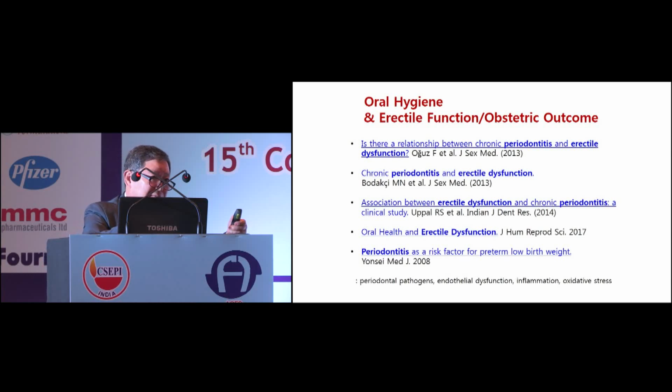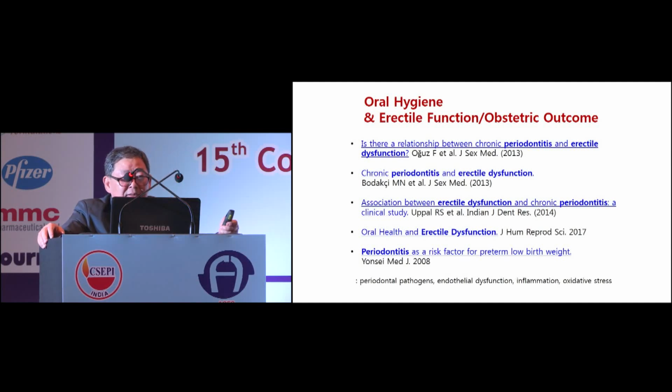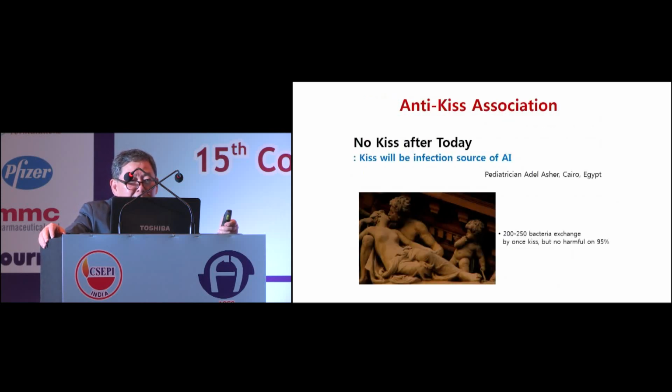So in a younger period, if anyone has periodontitis, then he will have a high prevalence of sexual dysfunction, including erectile dysfunction, by vasculitis and other related vascular disease.